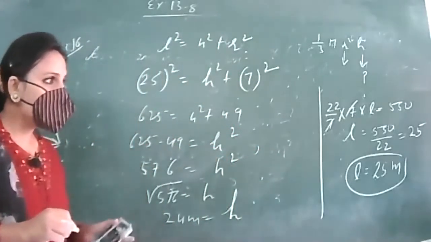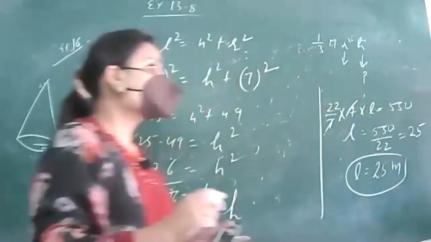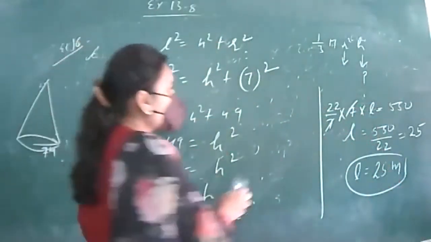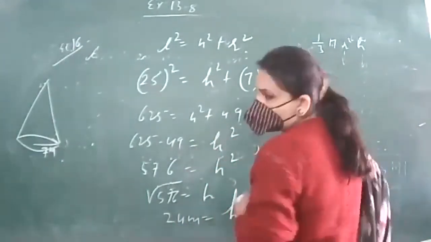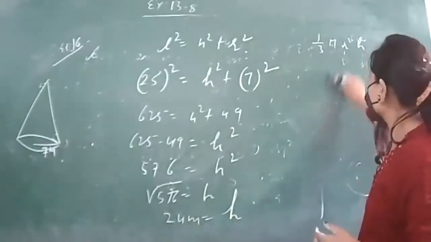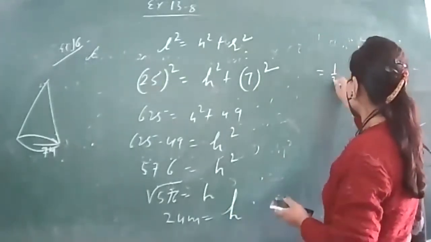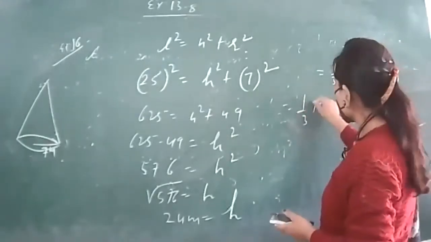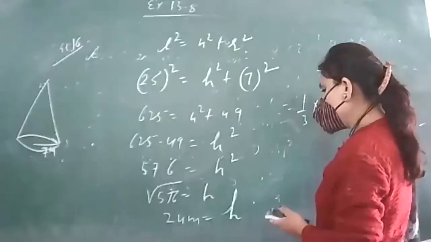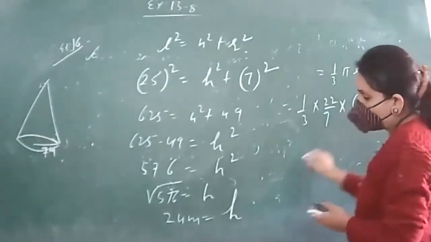That was needed to find the volume of the cone. So let us find the volume of the cone using the formula one by three pi r square h. Volume of the tent is one by three pi r square h. Replacing the values: one by three, 22 over 7, 7 square, 24.